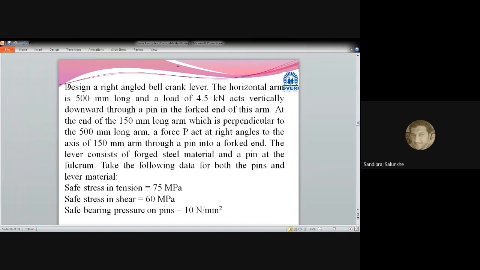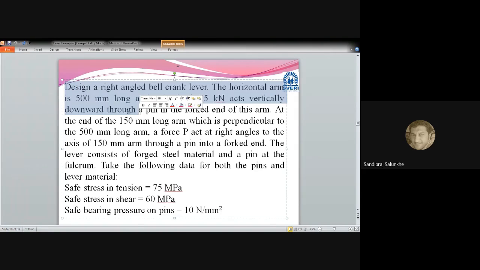That problem was related to the bell crank lever, which is connected to load W. Also in this problem, the length of that bell crank lever is given, and its allowable tensile stress and allowable shear stress are also given.